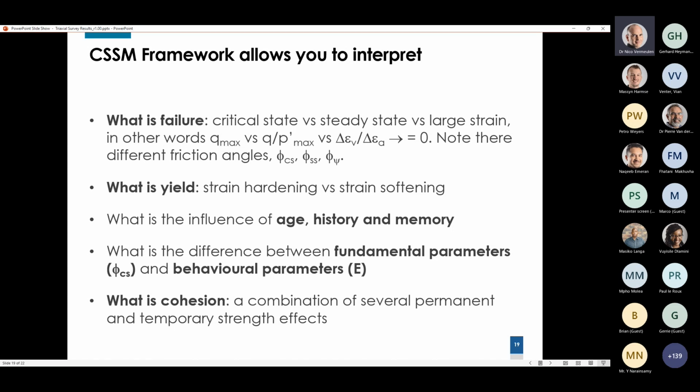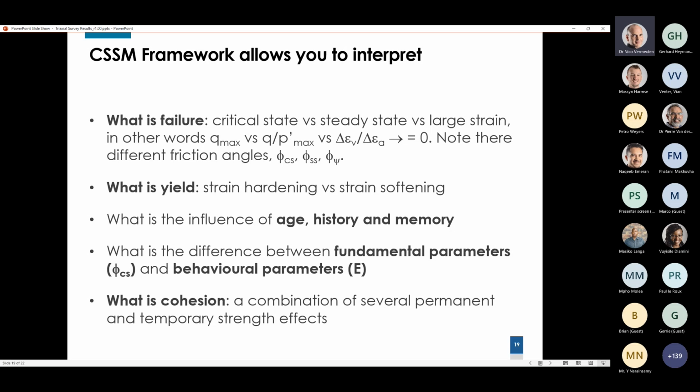I think the best example is my pet hate parameter, the subgrade reaction modulus, which is a complete abomination because it carries within a single value the total complex behavior of foundation settlement, including the effects of load, size, shape, founding depth, etc. How can you possibly capture all of that in a single parameter? But it does illustrate this point about behavioral parameters versus fundamental parameters.